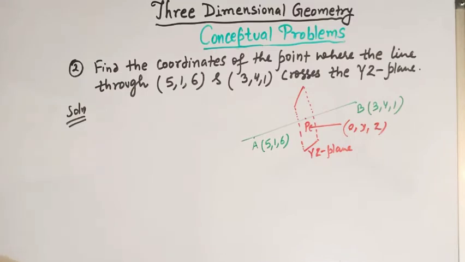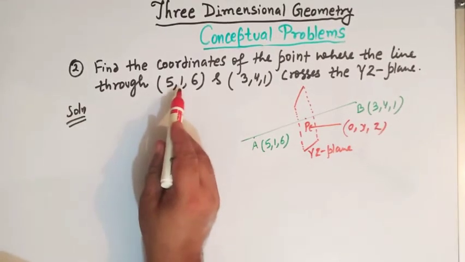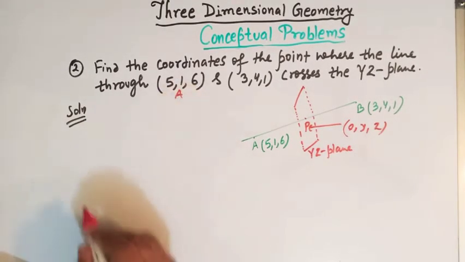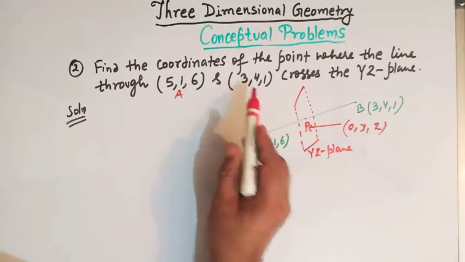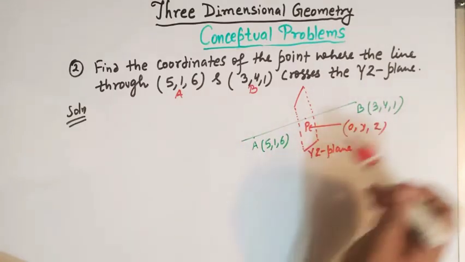Here find the coordinates of the point where the line through this point 5, 1, 6, and let this point be A, and 3, 4, 1, let this point be B, crosses the YZ plane.